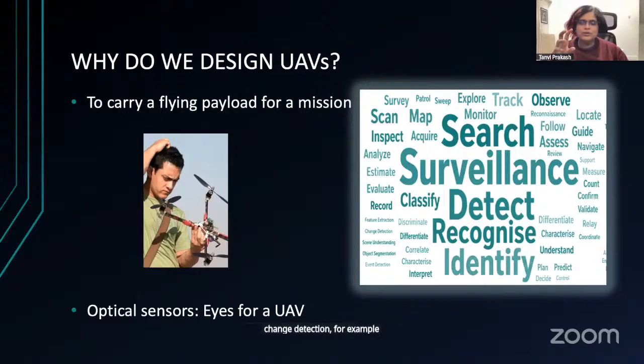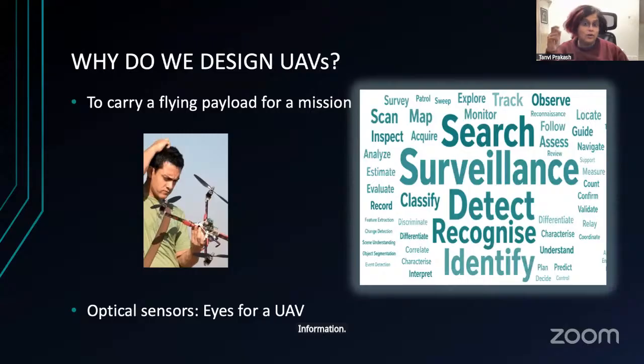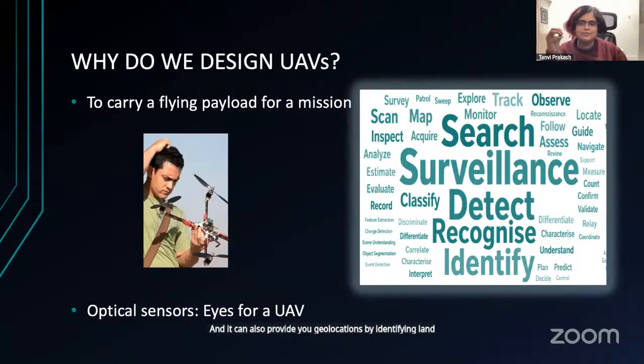For example, if you want to know whether a field has changed and how the crop is progressing with time, that's change detection. So a camera can give you all these kinds of information. It can also help you navigate. It can help you look at weather ahead of you. And it can also provide you geolocations by identifying land features and giving you coordinates. So there are so many ways in which the optical data coming from a camera can be used.